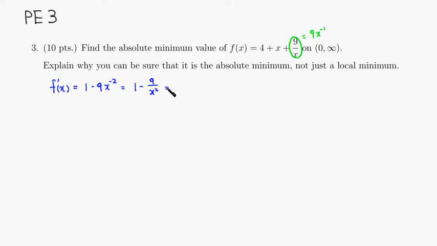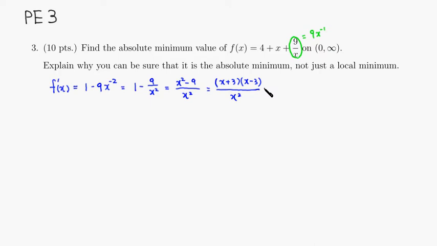Take the common denominator, so you have x squared minus 9 over x squared, which can be factored as x plus 3 times x minus 3 over x squared.